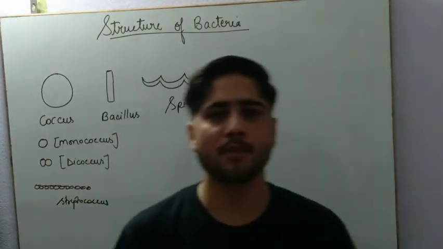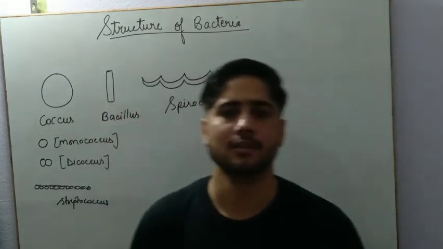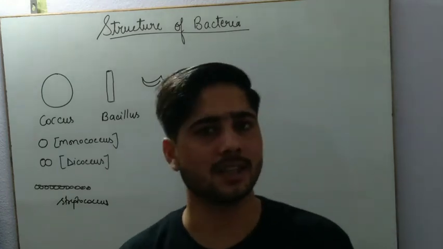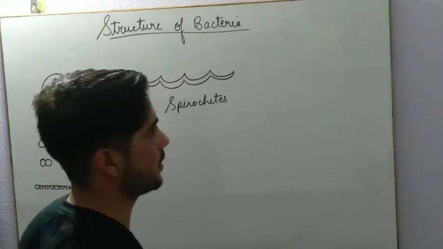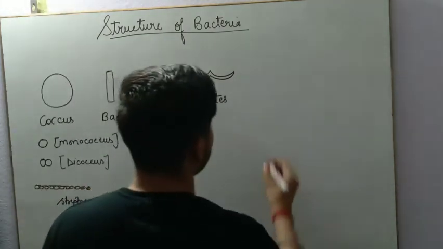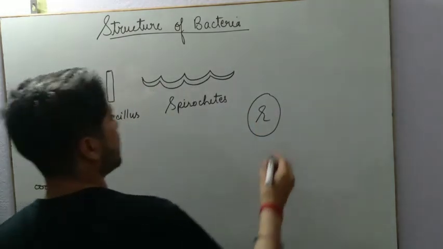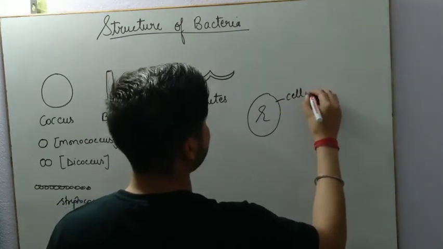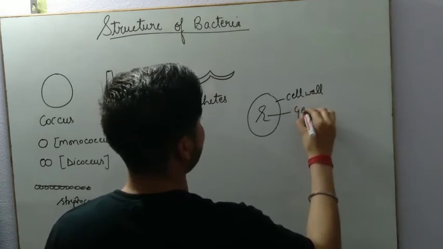Friends, there is one more type of bacteria which doesn't have a regular shape and doesn't look like real bacteria, but actually they are bacteria. What is the name of this type of bacteria? They have a structure like this, and they have only a cell wall and genetic material.